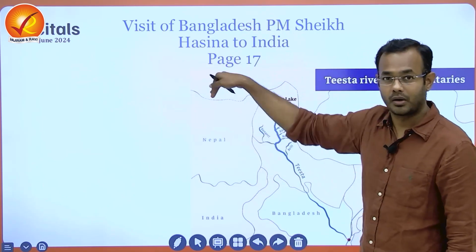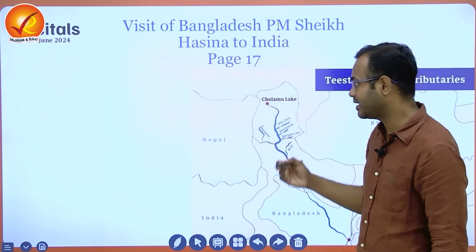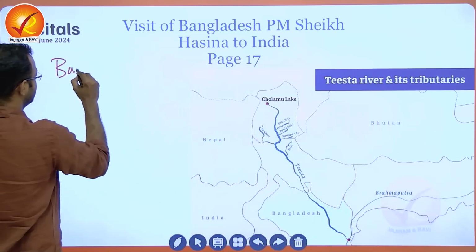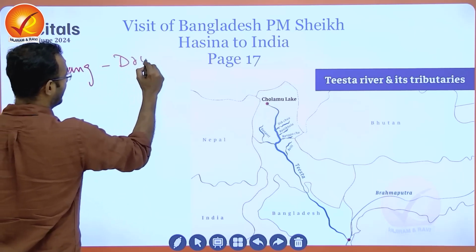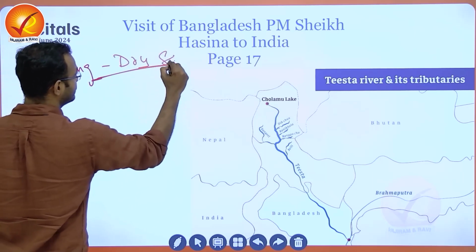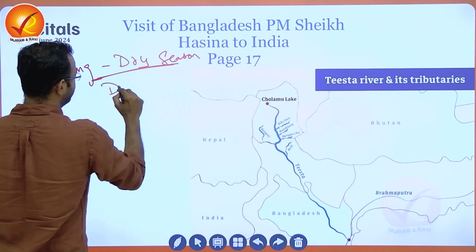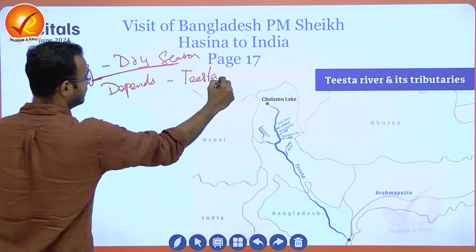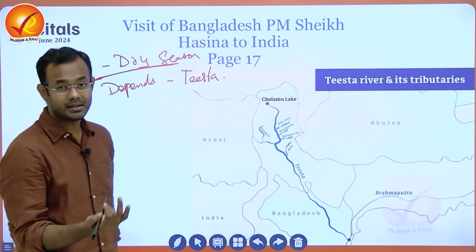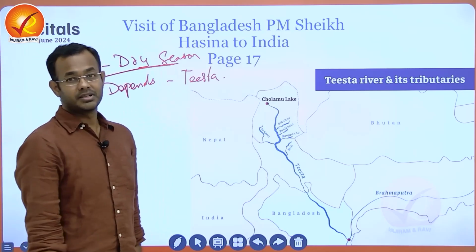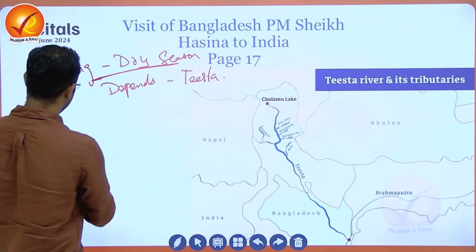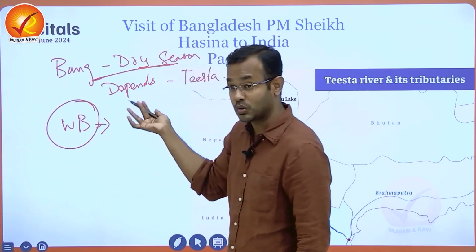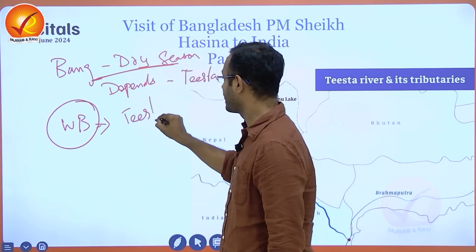Coming to the context of the article, which is India-Bangladesh. Bangladesh, especially during the dry seasons, depends on Teesta for agriculture, industrial development and electric power, whereas the state of West Bengal similarly takes a major source of water from Teesta as well.